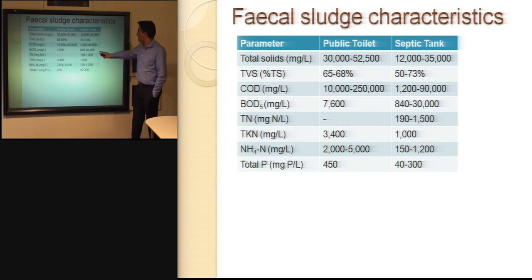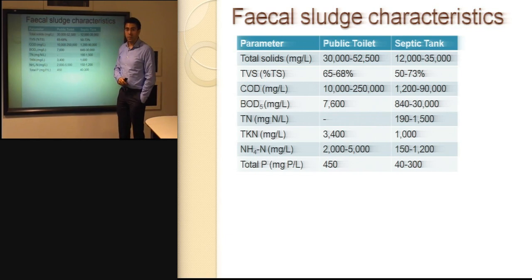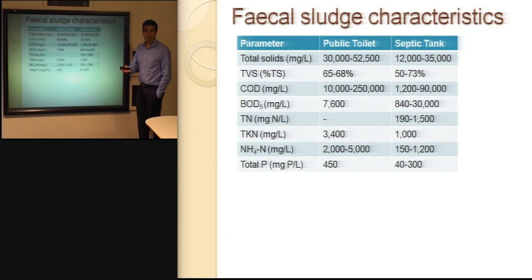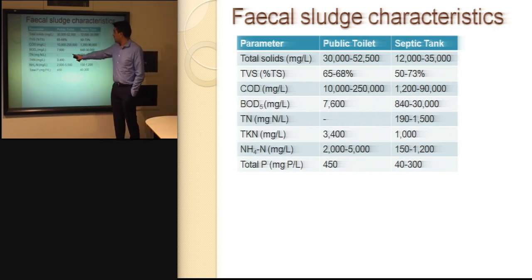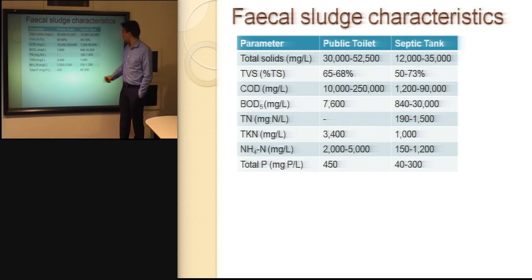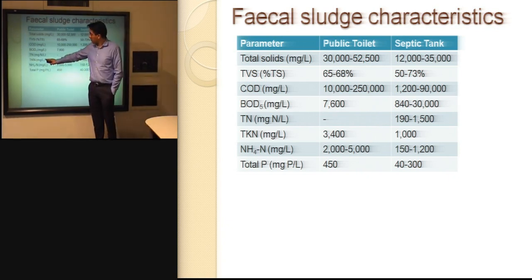For septic tanks, BOD5 also varies widely, reaching up to 30,000 milligrams per liter. Looking at other compounds like nitrogen or phosphorus, we find similar trends. Total nitrogen for septic tanks reaches more than 1,000 milligrams per liter as total Kjeldahl nitrogen, which involves not only the organic nitrogen but also the inorganic nitrogen present in the fecal sludge.